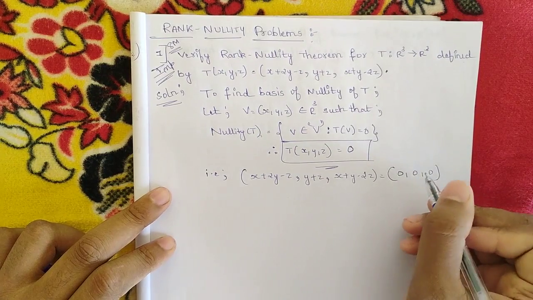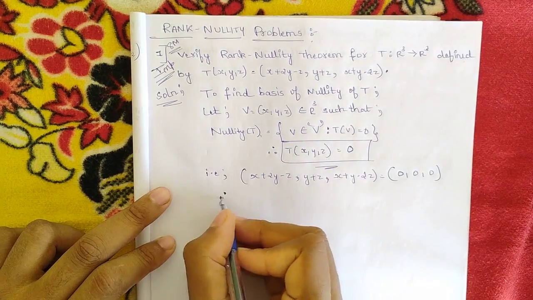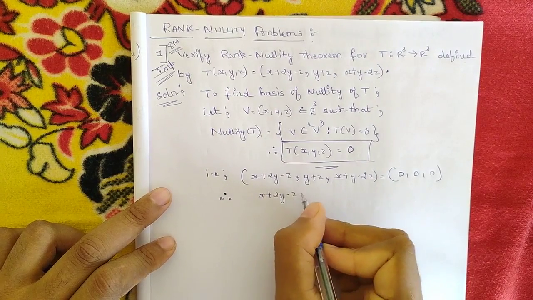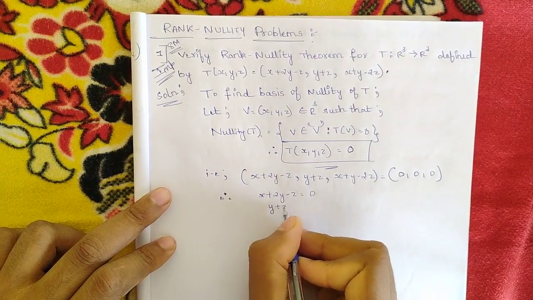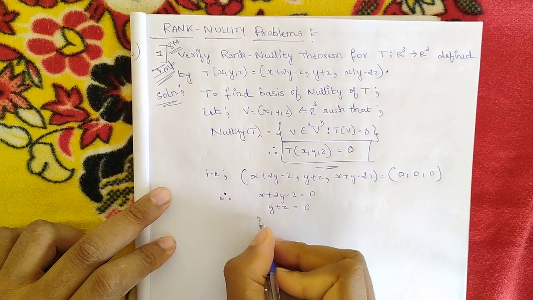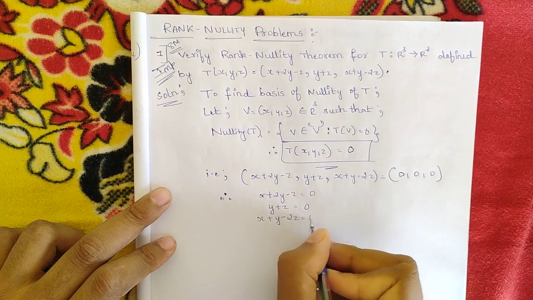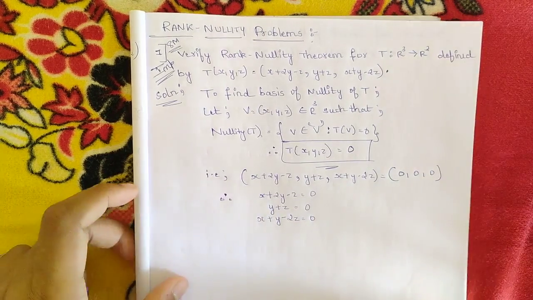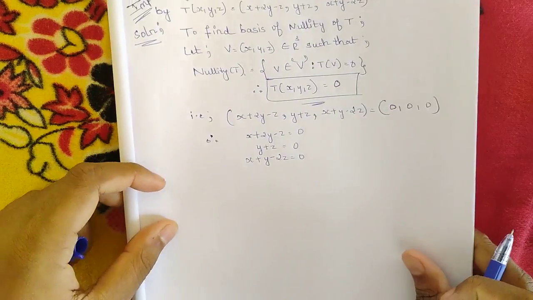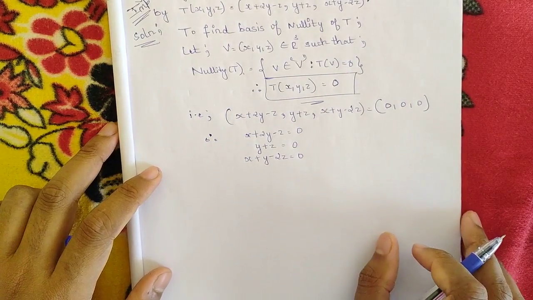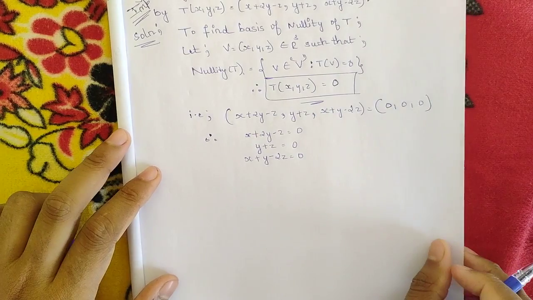From this we get 3 equations: x plus 2y minus z equal to 0, y plus z equal to 0, and x plus y minus 2z equal to 0. We should solve these three equations and check the values of x, y and z.